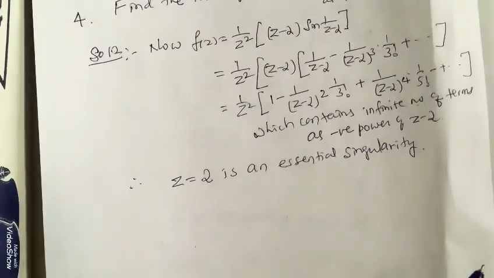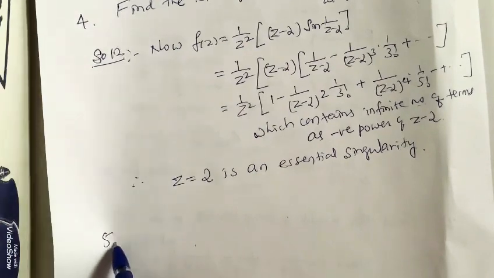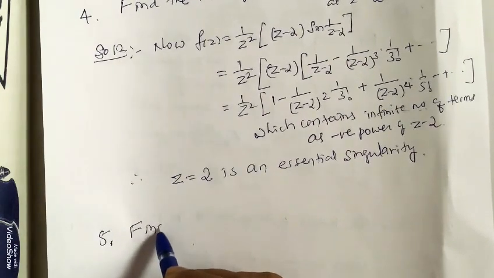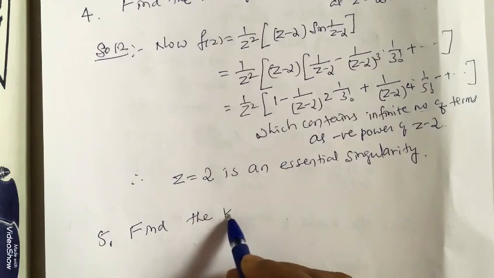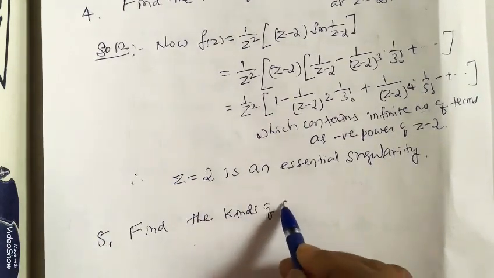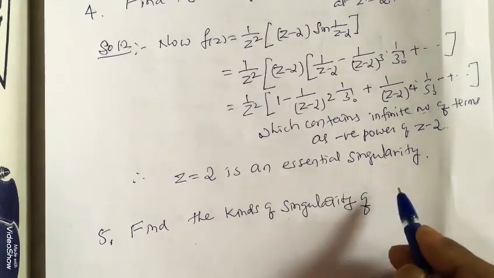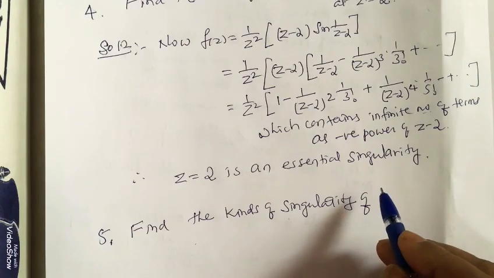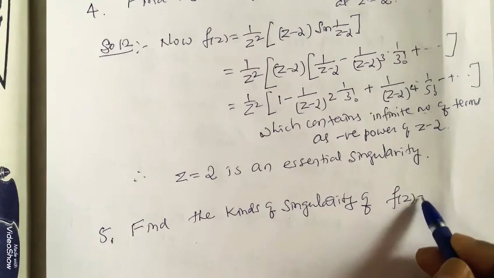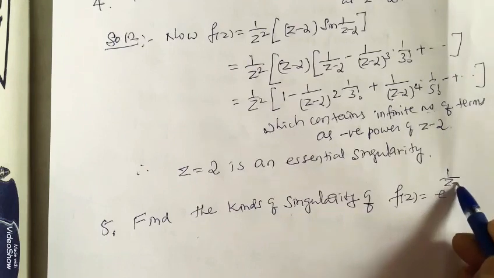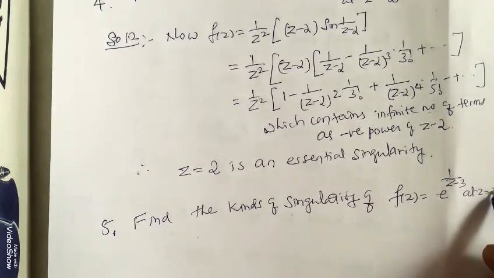Okay. So next one, find the kind of singularity of f z is equal to e raised to 1 upon z minus 3 at z is equal to 3 here.